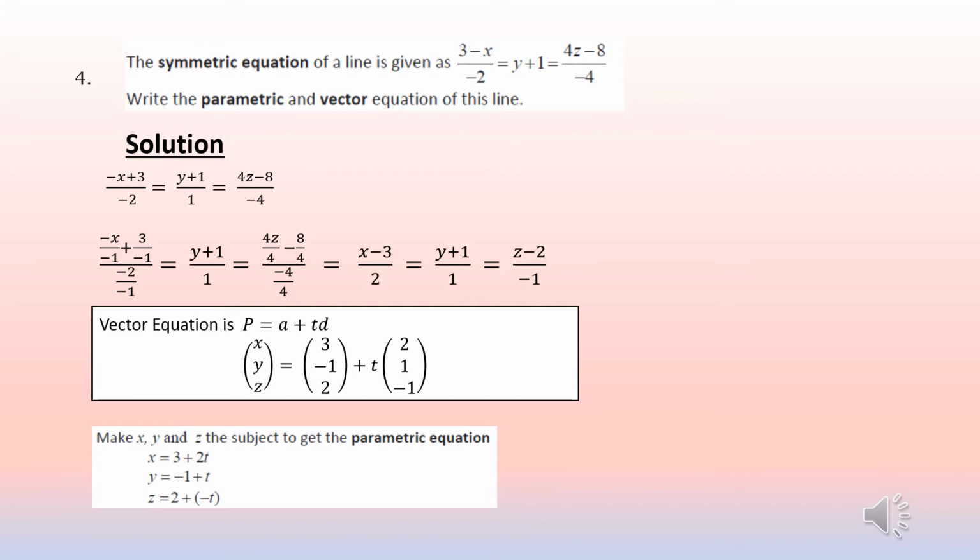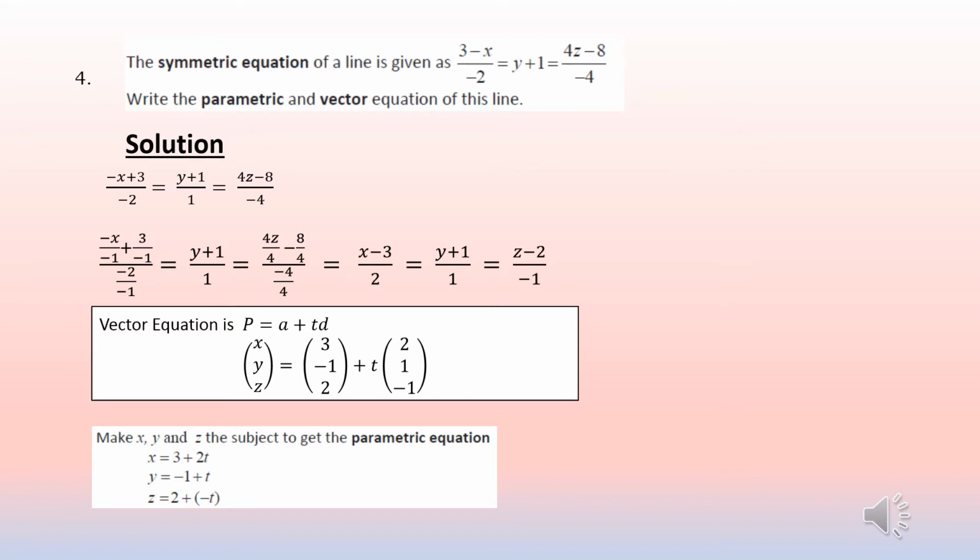So that would be 4z divided by 4, negative 8 divided by 4, and negative 4 divided by 4. Now upon simplifying, we get (x minus 3) upon 2, that is equal to (y plus 1) upon 1, and (z minus 2) upon negative 1.